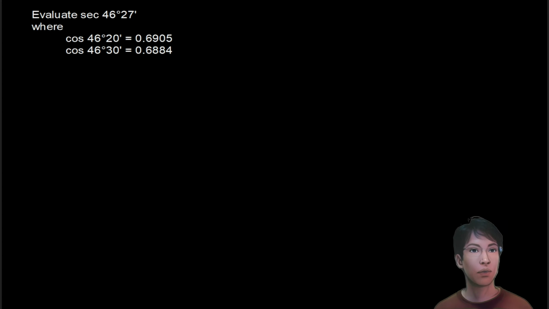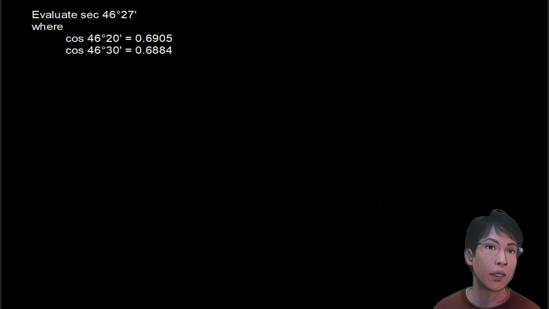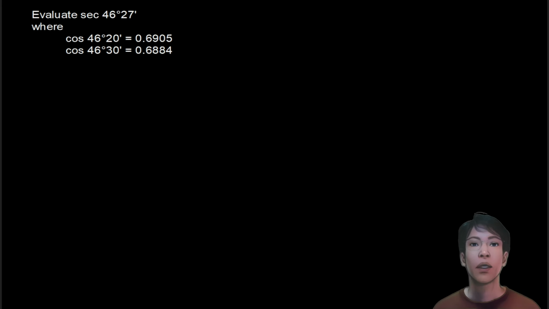Let's have another example here. We are to evaluate secant 46 degrees 27 minutes. From the table, cosine 46 degrees 20 minutes is equivalent to 0.6905, and cosine 46 degrees 30 minutes is equivalent to 0.6884.